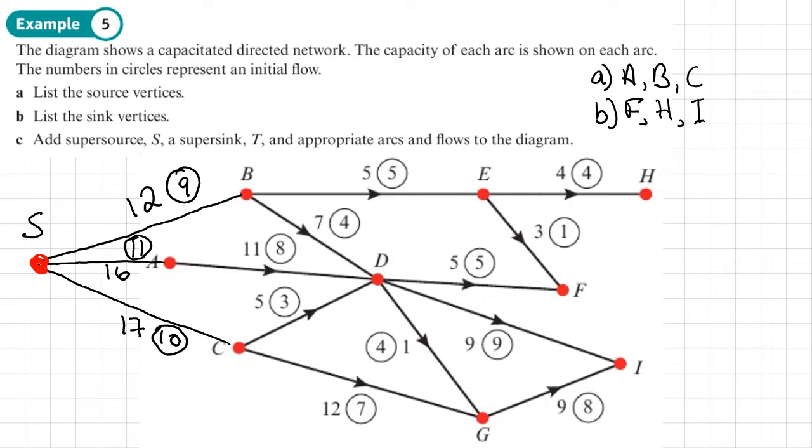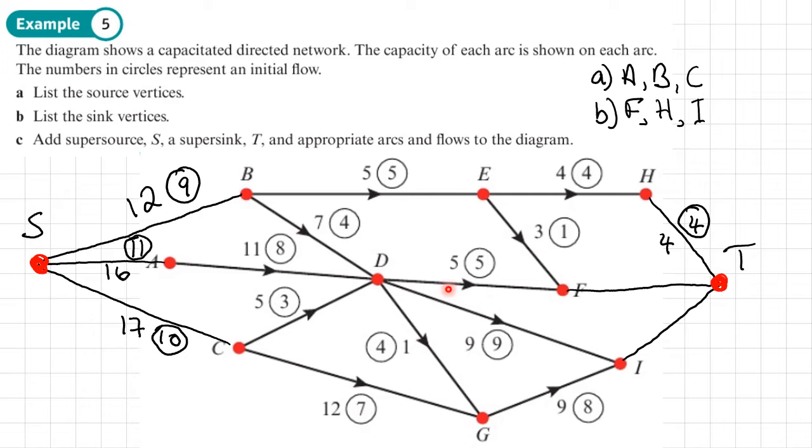And then I will do my SUPERSINK over here, and we've been asked to call this T, and we'll do the same thing on each one. We'll write down the flow and the capacity. So here we've only just got the 4, so a capacity of 4, a flow of 4.